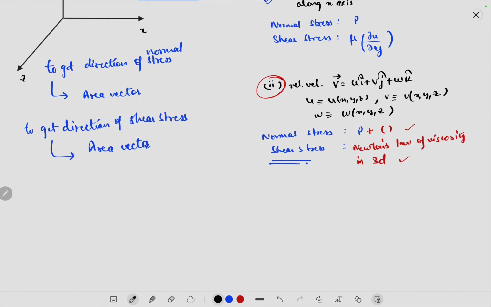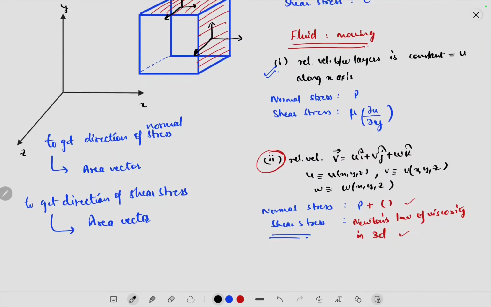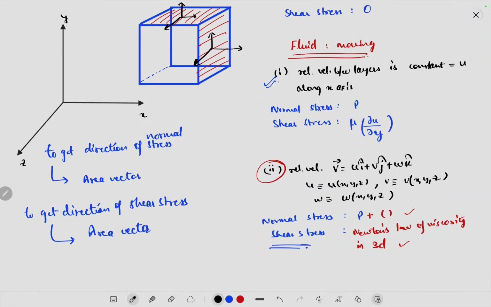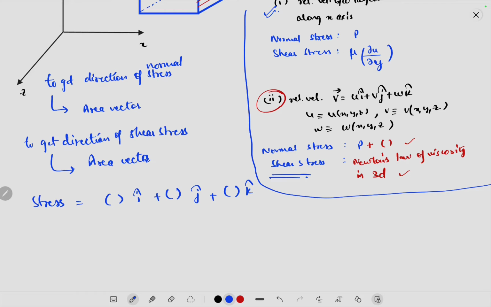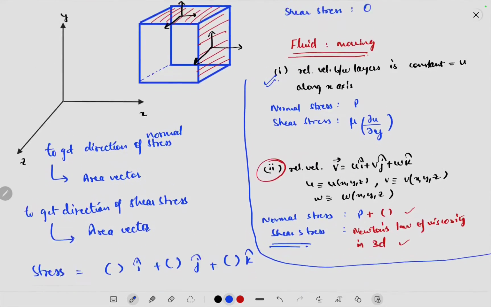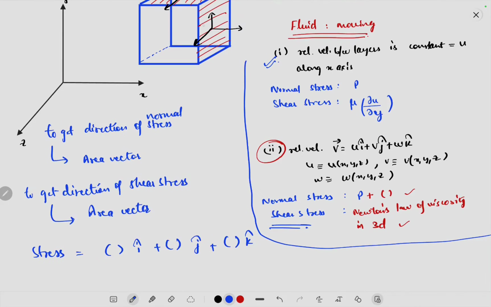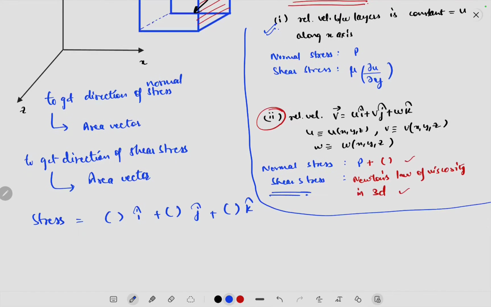Now let's say I ask you to write the stress in terms of i hat, j hat and k hat. Will you be able to do that? No, because you will ask me that you don't know the area vector, so you cannot write this in terms of i hat, j hat, k hat.